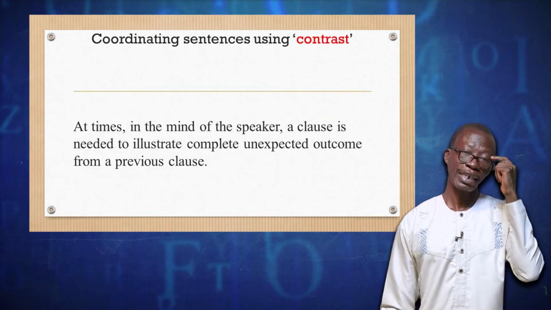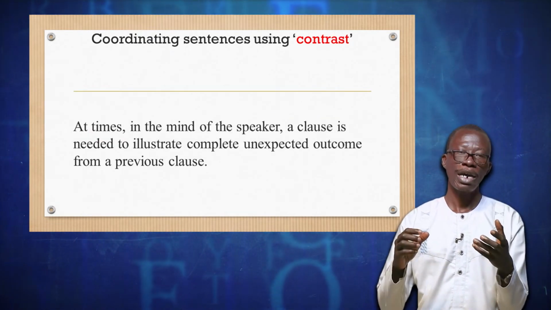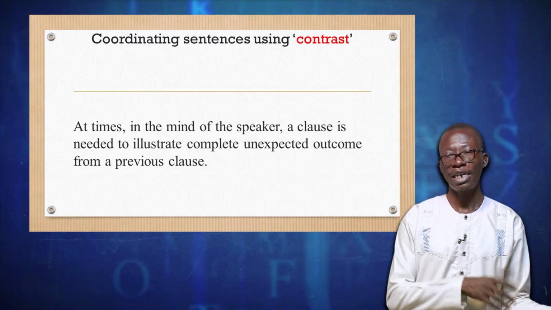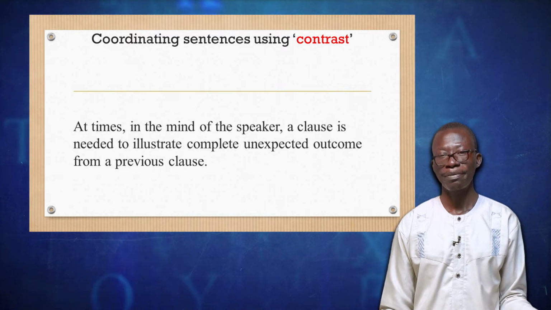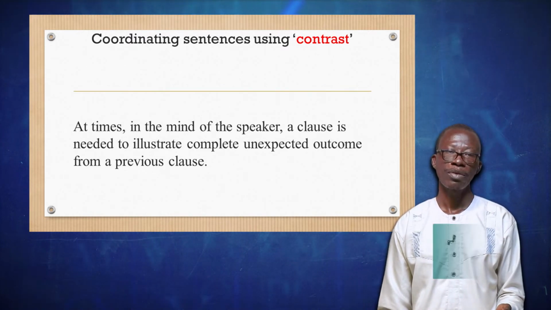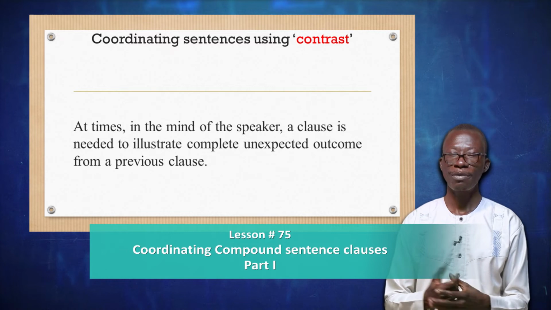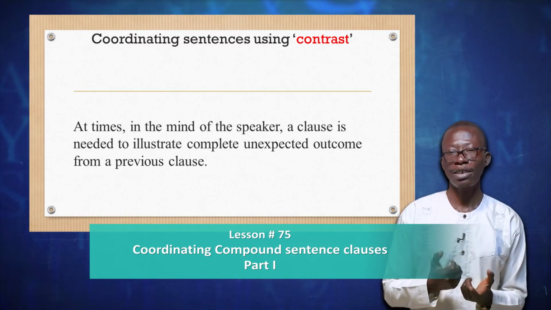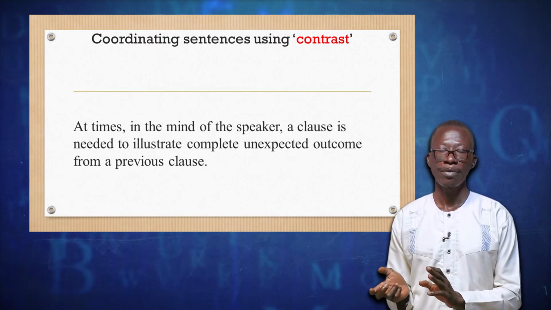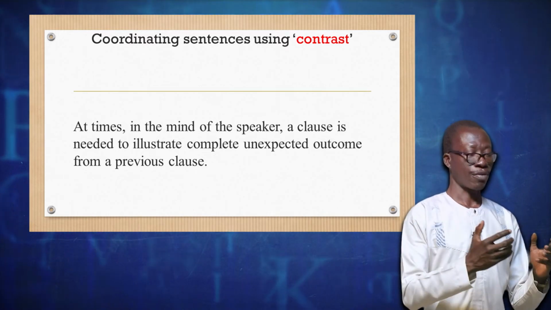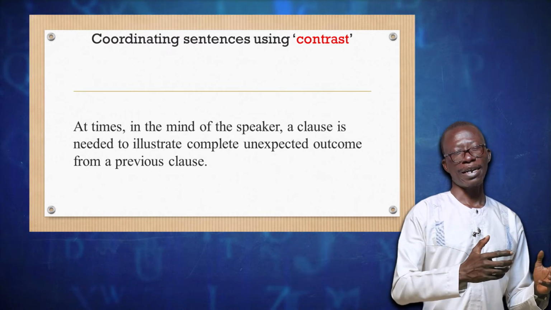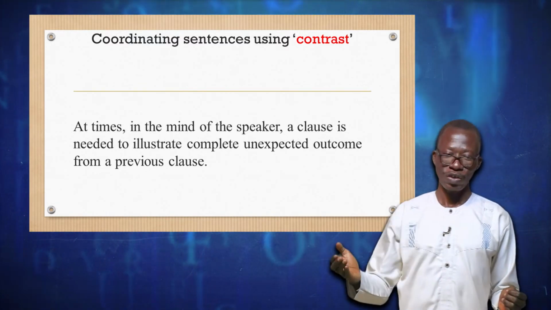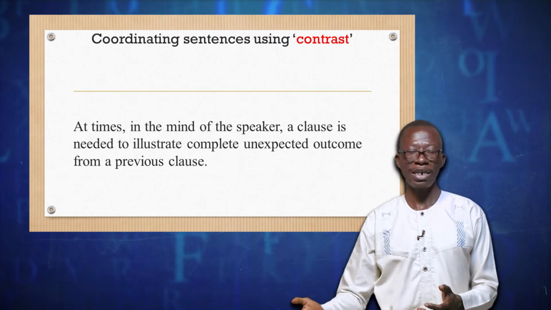Now we'll move to contrast. This is a situation where one statement appears to be a little bit contradictory to the previous one. And how does this appear? At times, in the mind of the speaker, a clause is needed to illustrate a completely unexpected outcome from a previous one. Now, something has happened, and then it is expected that what will follow should occur in a certain way.